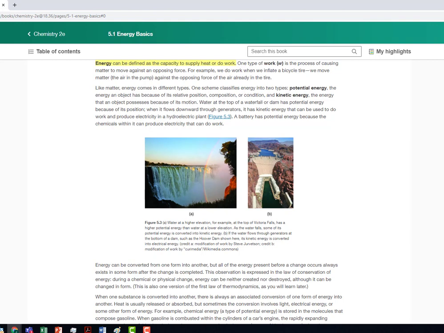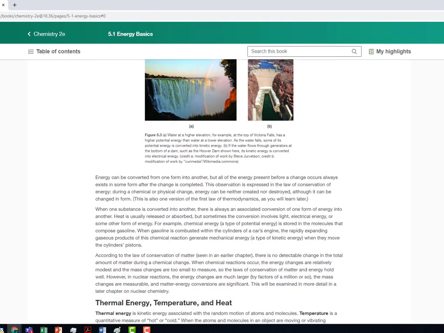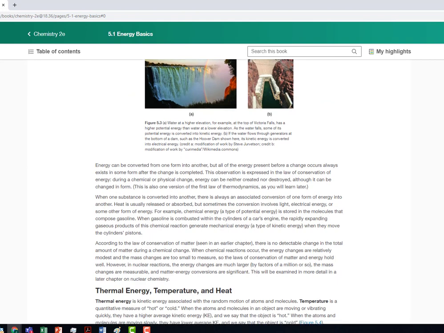So the idea of energy as the capacity to supply heat or to do work is useful, but also somewhat abstract when we first learn about it. So just be aware of these types of energy that are possible.